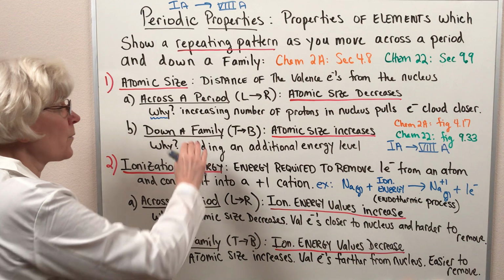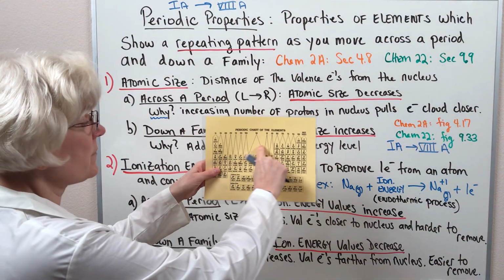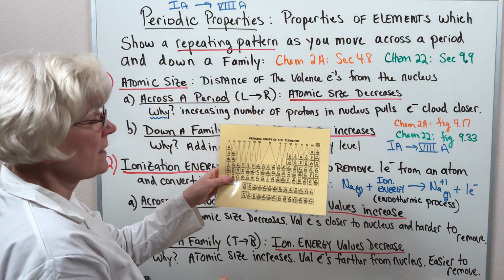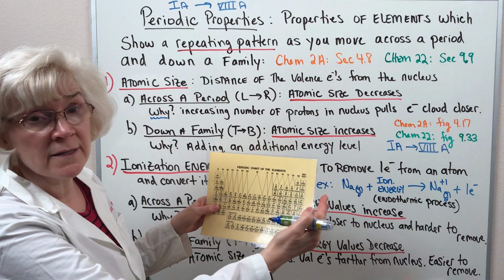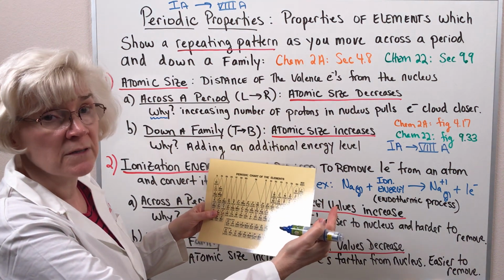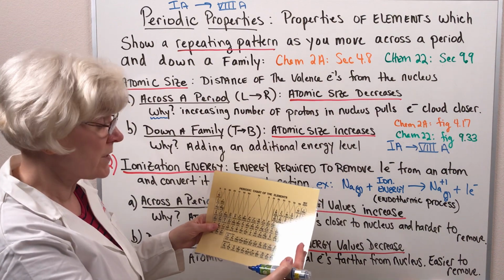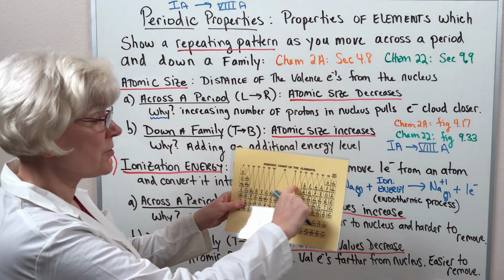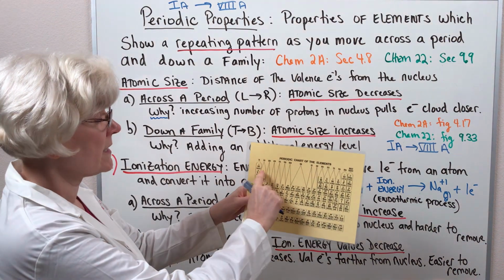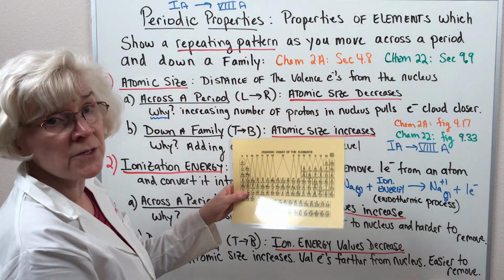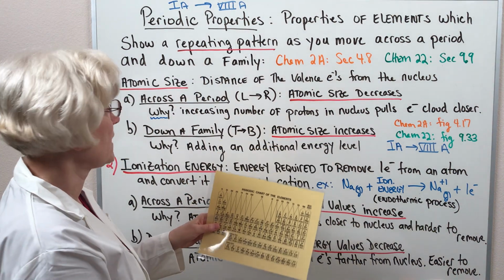Well, here is a way of helping it make sense. As you go across a period left to right, the electrons that are being added are all entering the same valence energy level. So they're not going appreciably farther away from the nucleus. But as you go across a period left to right, you're increasing the number of protons in the nucleus as you move over each block in the period.